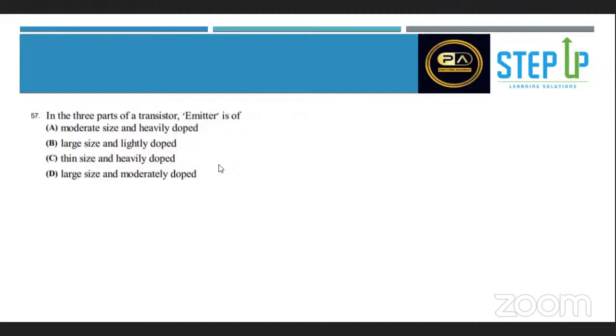Should it be large in size? No, it has to be thin and heavily doped. We keep it thin because the base is sandwiched between the emitter and collector. So the emitter is thin and heavily doped.